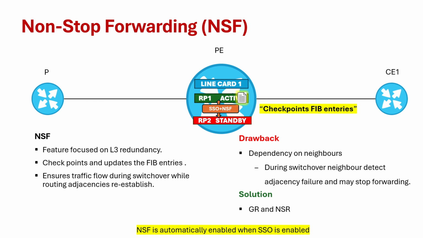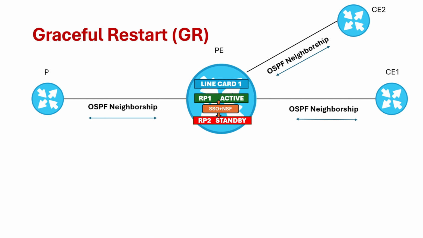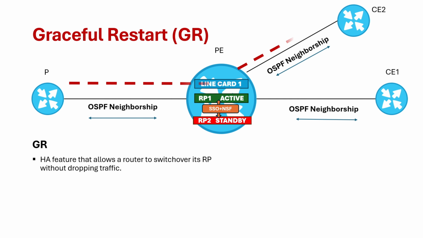So let's get back to the other technology, that is GR. GR, also known as Graceful Restart, is an HA feature that allows a router to switch over its RP or control plane without dropping the traffic. I would say it's like hitting restart on your computer or laptop while your download keeps on continuing without interruption.